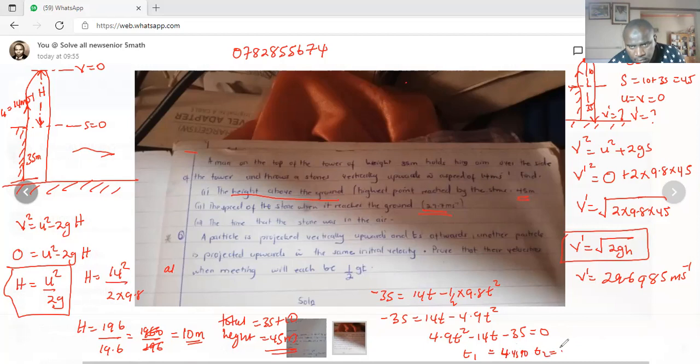And negative 1.6019. Of course, the negative is out, so this is the answer.